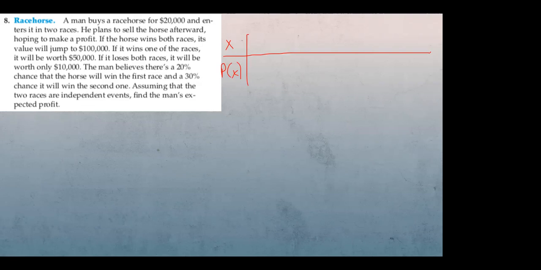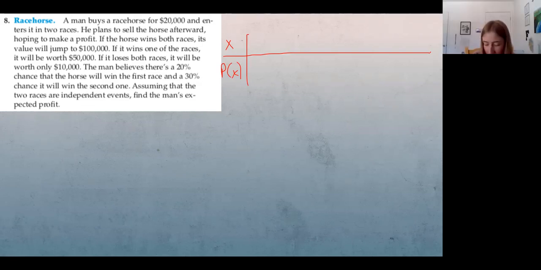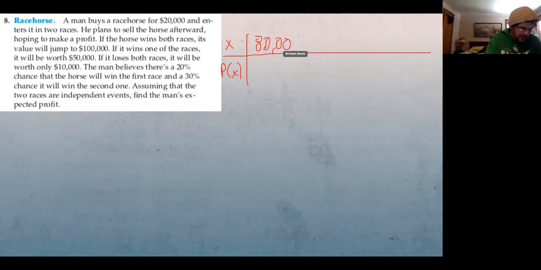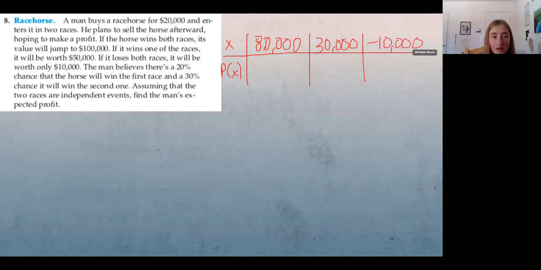Go ahead. I put 80,000, 30,000, and negative 10,000. Perfect. 80,000, 30,000. And while I'm writing that, how did you come up with those? I did 100,000 minus 20,000, and then 50,000 minus that, and then 10,000 minus that.